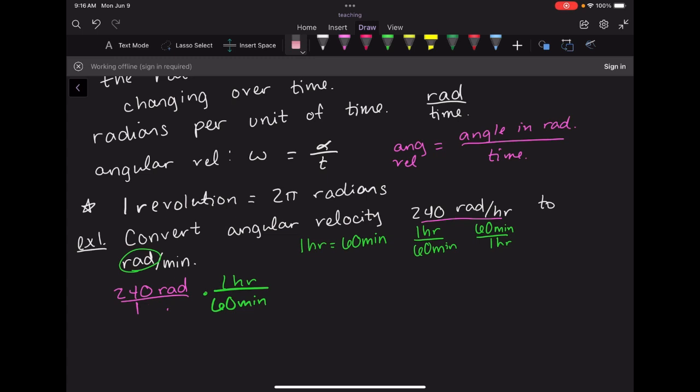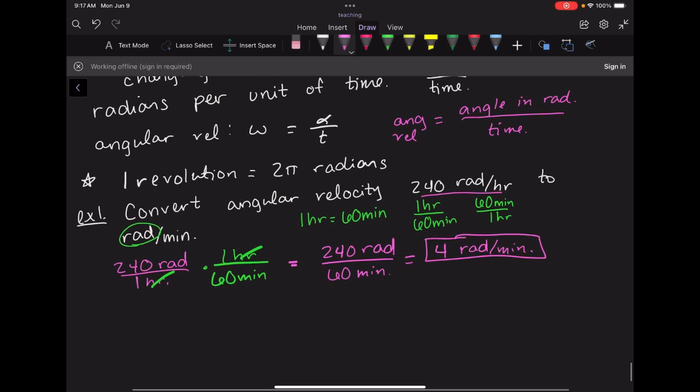Now hours cancels out. So then I'm left with 240 radians over 60 minutes. And then we can simplify. 24 divided by 6 is going to be 4. The zeros cancel out. So this is radians per minute.